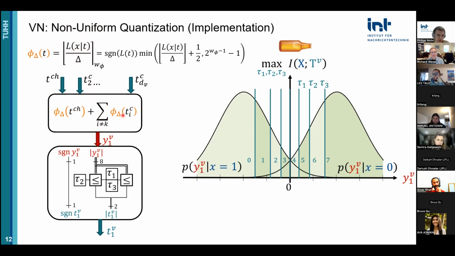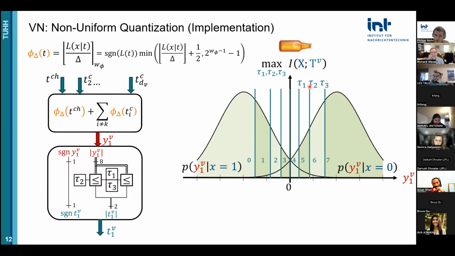So we just do the computation here, and then we have some non-uniform quantization here. And this non-uniform quantization is what this talk is mainly about. Here we need to quantize this high resolution number, which has, for example, 9 bits, to a 3-bit number. To do that, we need to compare against those threshold levels, which have been found by this optimization. To realize this in hardware, we need comparison operations.